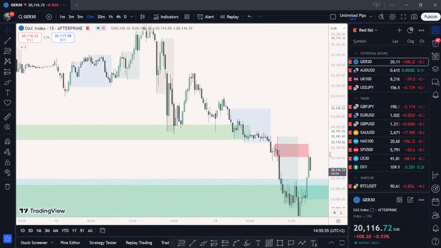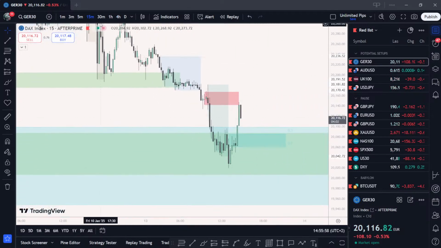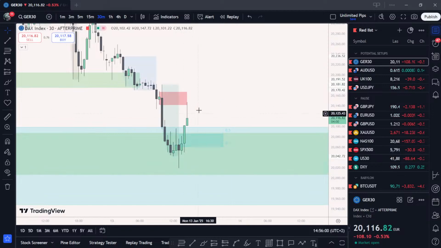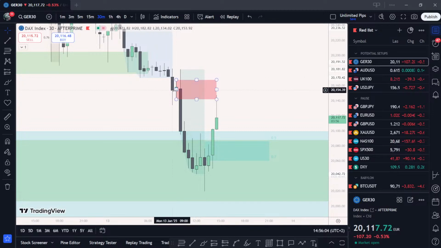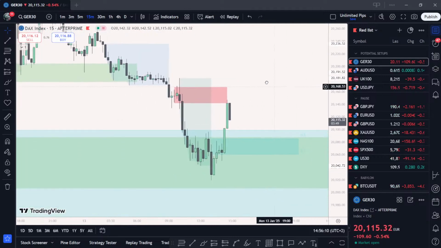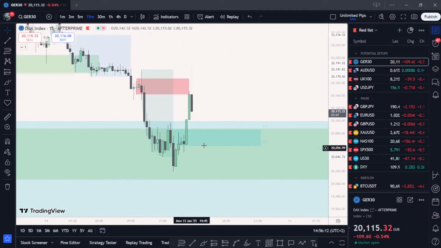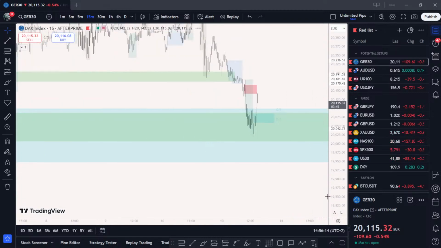And now we are starting to have a bit of reaction around this area. We're expecting this FVG and this order block right here. So I'm waiting for a bit more confirmation because we had an initiation of a move from that order block, from that 4-hour FVG.